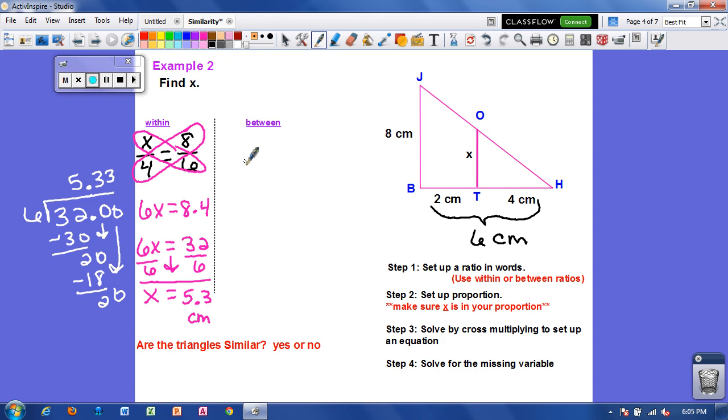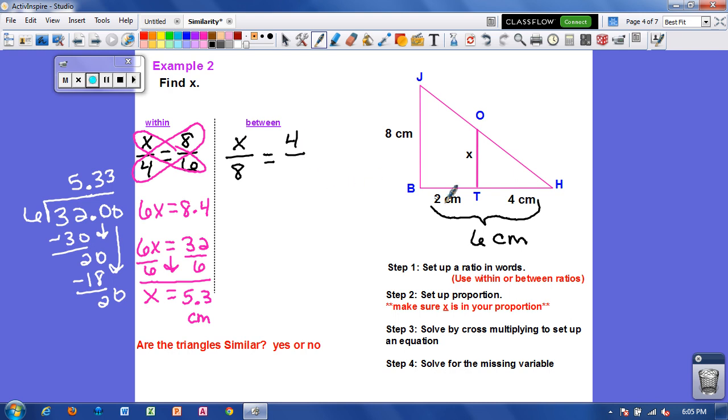All right, now between figures, I am going to take this x here from the smaller one. That's the left side of the smaller one, side OT. So I'm going to go to the left side of the bigger one, side JB, which is 8 centimeters. Now I'm going to take the bottom of the smaller one, which is 4.